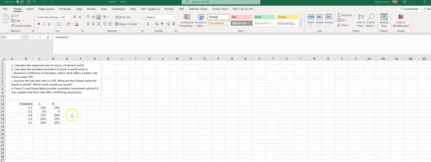And then we will answer the last question and see if the coefficient of variation and the Sharpe ratio provide consistent investment advice. For instance, if coefficient of variation is telling us that the asset A offers a better risk-return trade-off, we will check whether Sharpe ratio agrees with that advice.